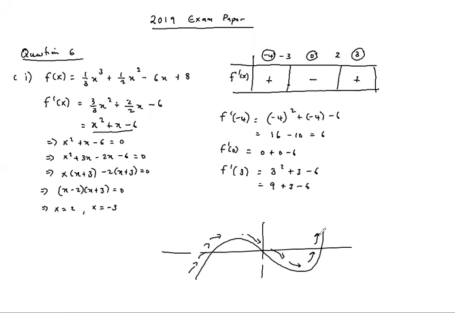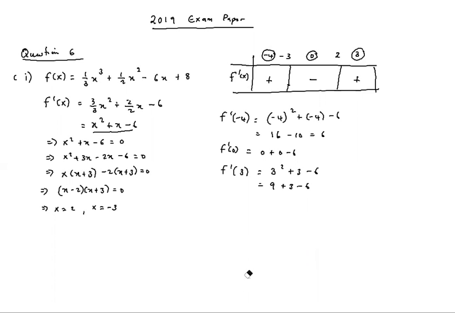Now you want to know where. So what we are saying now is in this interval, it is increasing. In that interval, it is increasing. In the middle interval, it is decreasing.